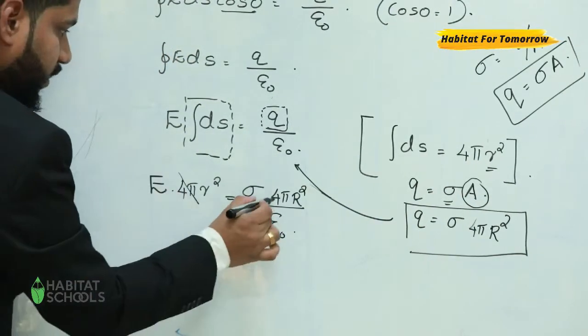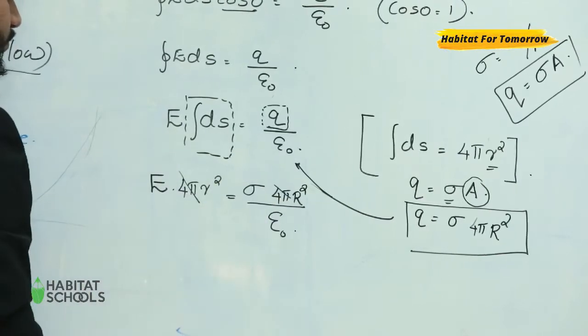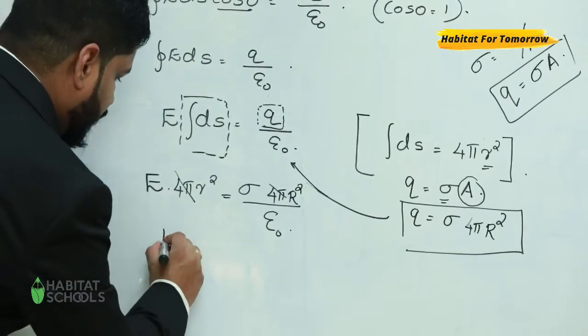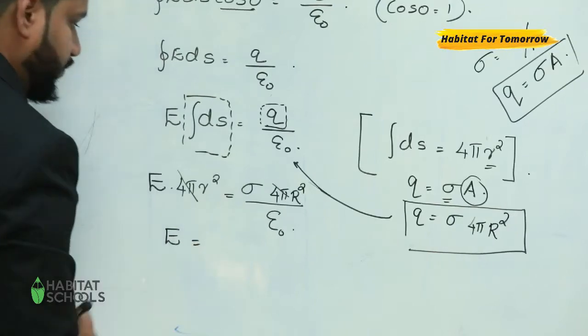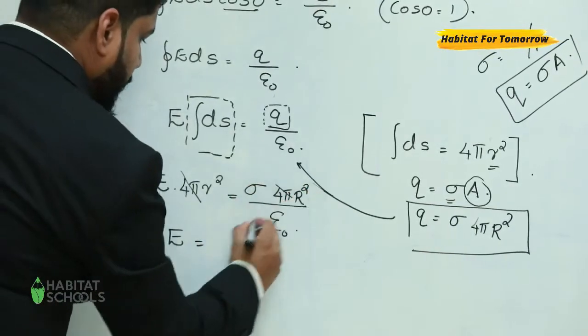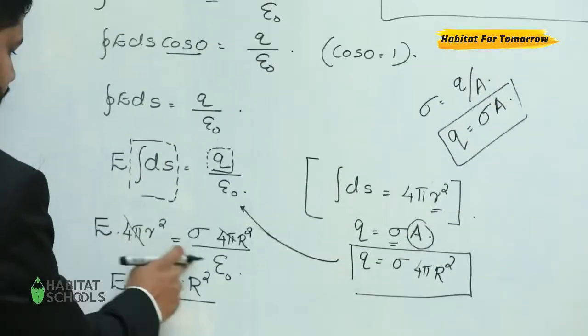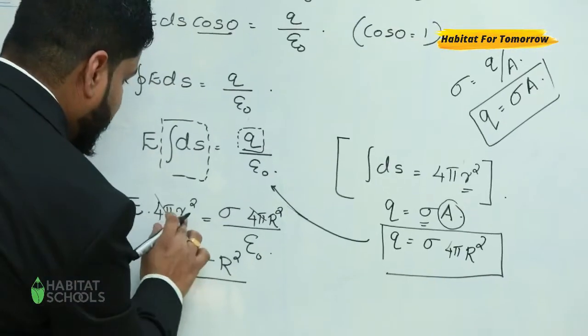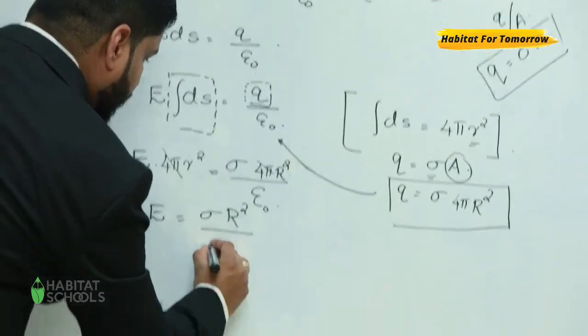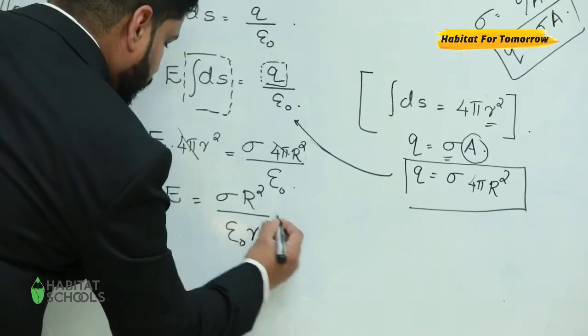See, 4 pi cancel. Then electric field E is equal to sigma capital letter R square divided by, this r square you can take here, then epsilon 0 r square.